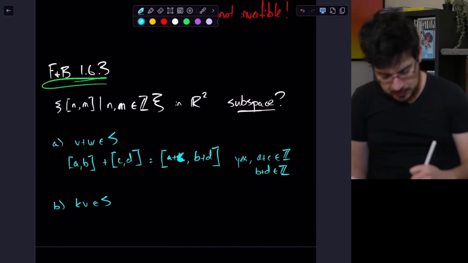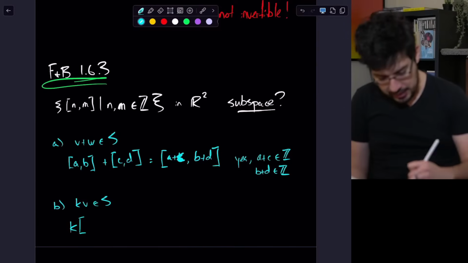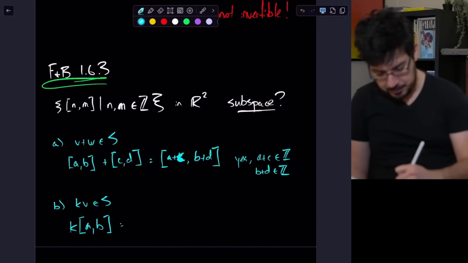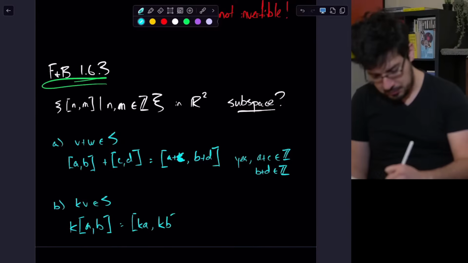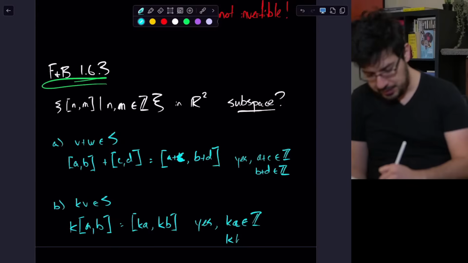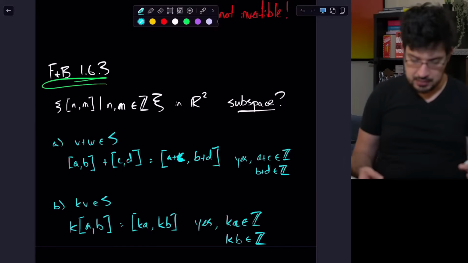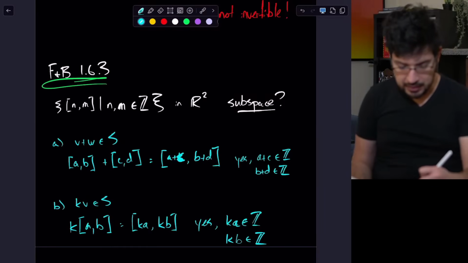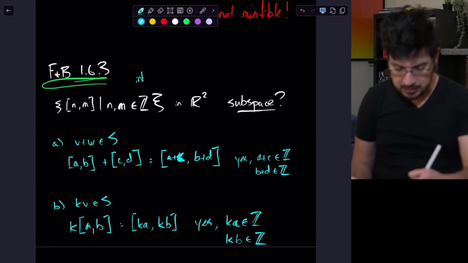And then if we multiply a vector, ka is an integer, and kb is also an integer. Now notice that this is true if it's integers, which includes negative numbers, right?